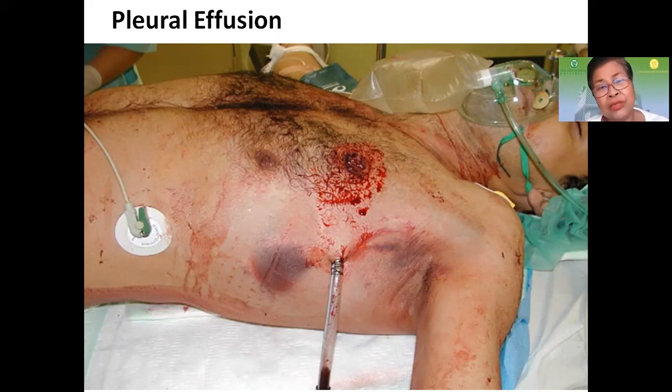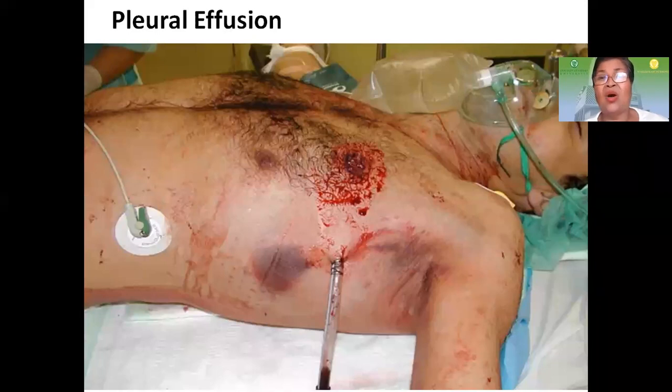Okay. So, you see, ito yung dugo. Dugo ang nadidrain. When the patient inhales, the fluid dito will go up. And the patient exhales, it will go down. Yun ang intermittent oscillation. So, it will fluctuate. It will oscillate. Nurse, ito ay just for learning purposes.